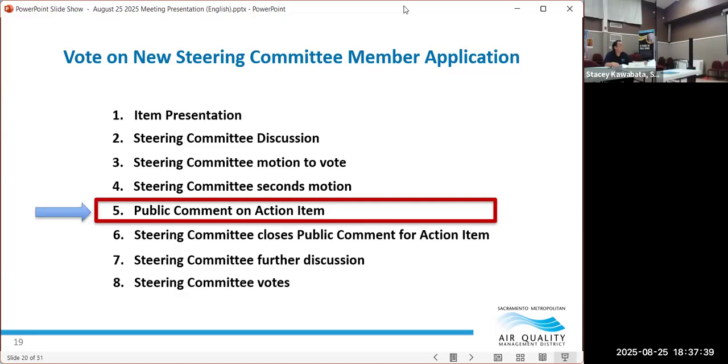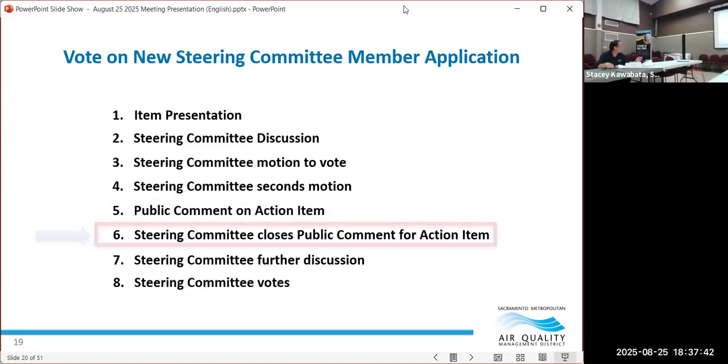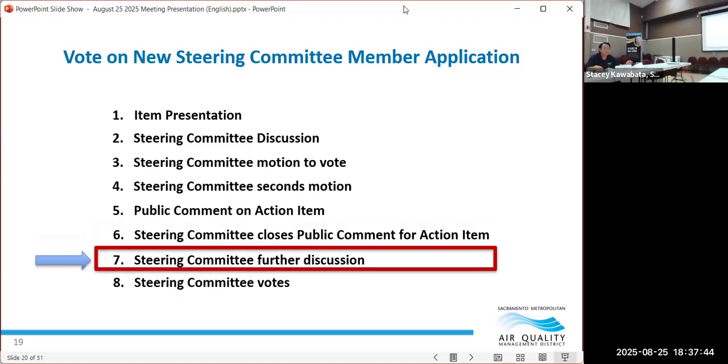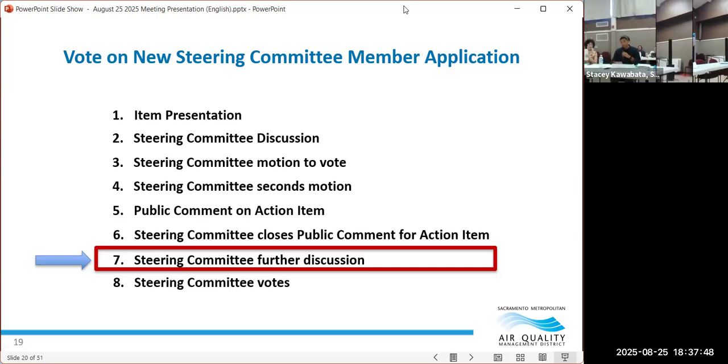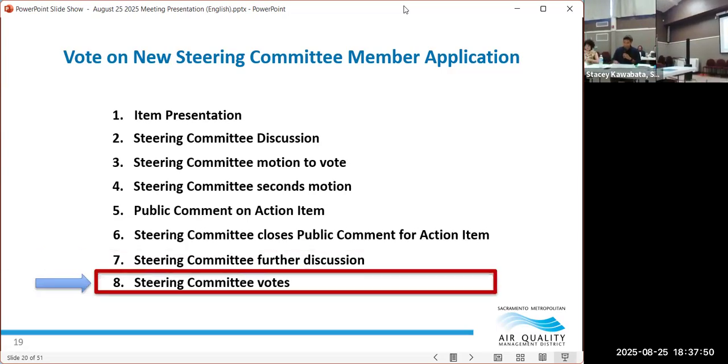I see none. Now we can go ahead and call for a vote. We already had the motion and a second. Okay, let's go for it. Please say yes, no, or abstain for this vote.